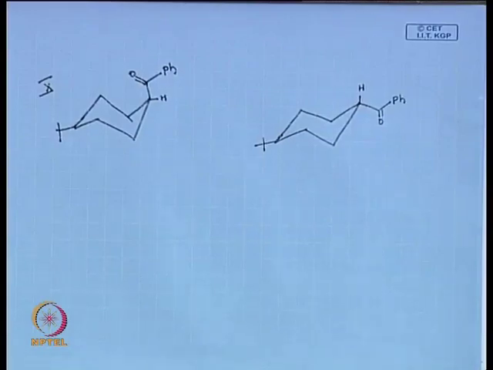So there are two examples, same molecule. Okay.